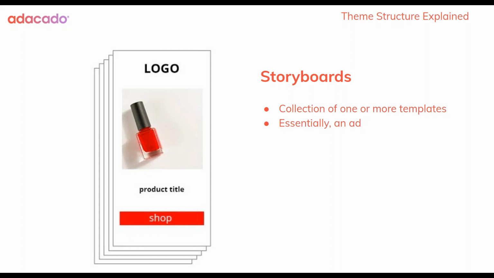They are made up of one or more templates. So you might just have one, and that would be a single framed ad. But you might also have multiple templates, in the case that you wanted to have transitions between different products, say. Most of our themes are set up with a 5 template storyboard setup.